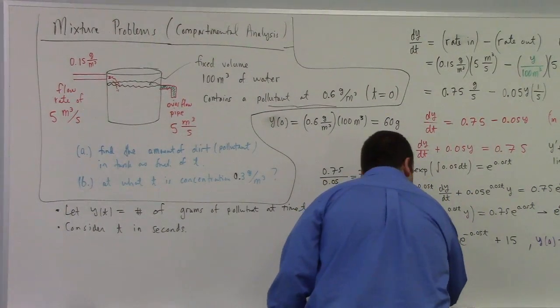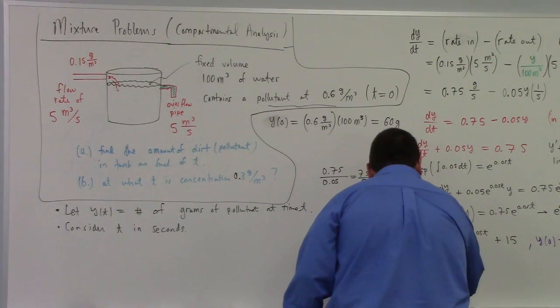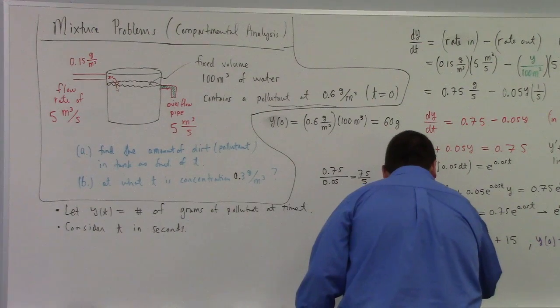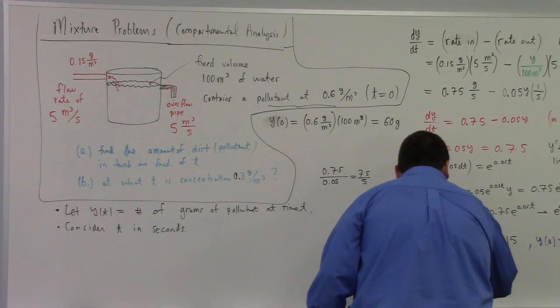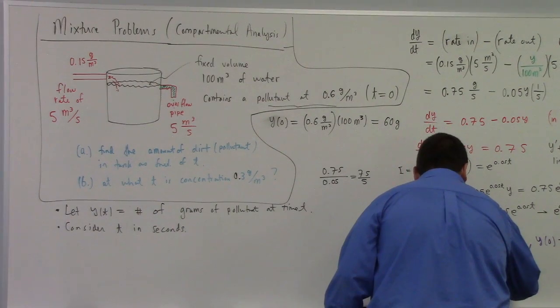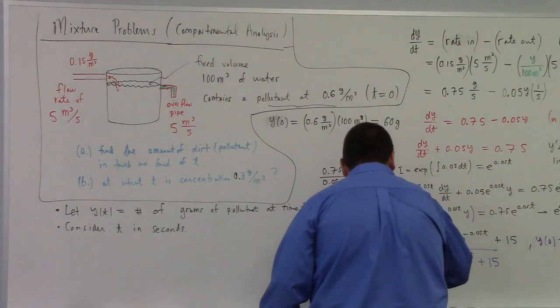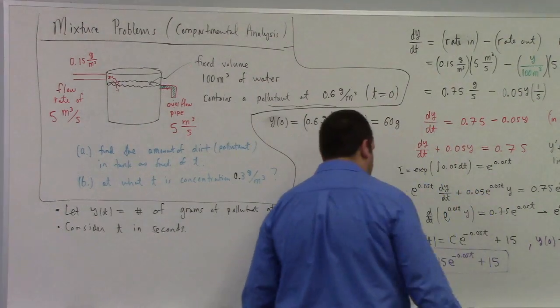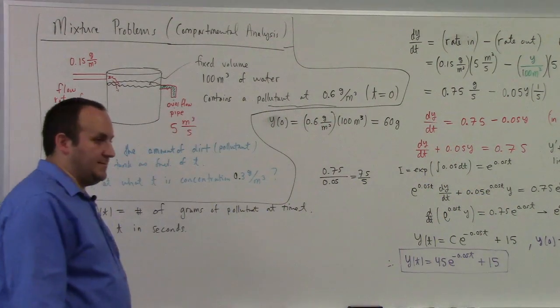So therefore, c is equal to 45, and we get y of t equals 45 e to the minus 0.05t plus 15, and of course that's in grams and seconds, and there it is. There's the amount of dirt in the tank as a function of time.